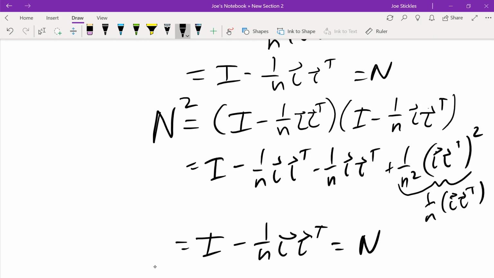So this matrix is symmetric. That was what we showed as its own transpose. It's also referred to as idempotent. When you square it, you get back to itself. That's what idempotent means. Now, why do I care?